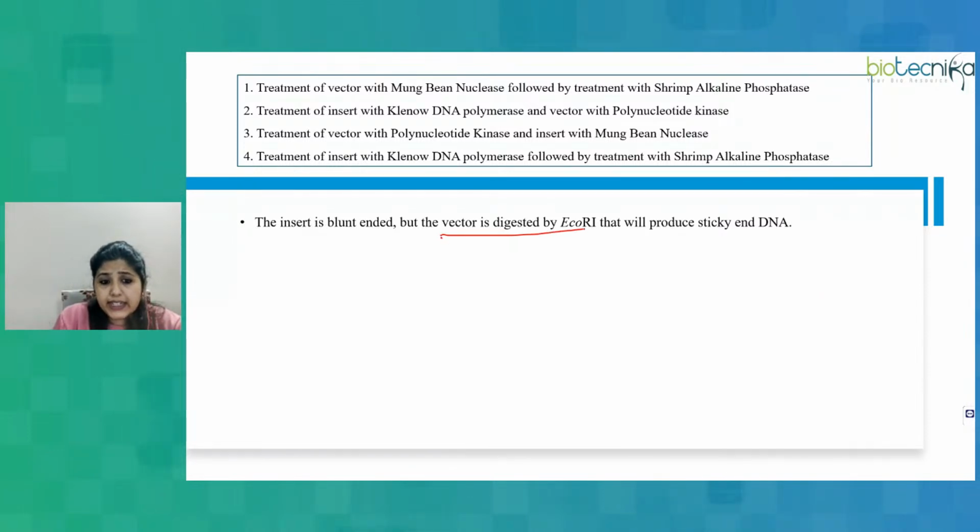But your vector is digested with EcoRI, so definitely it will have a sticky end. Now we know this concept that you cannot join a DNA molecule with a sticky end to a blunt end molecule. A blunt end molecule can be connected to a blunt end with the help of DNA ligase, or a sticky end connected to a sticky end through complementary base pairing.